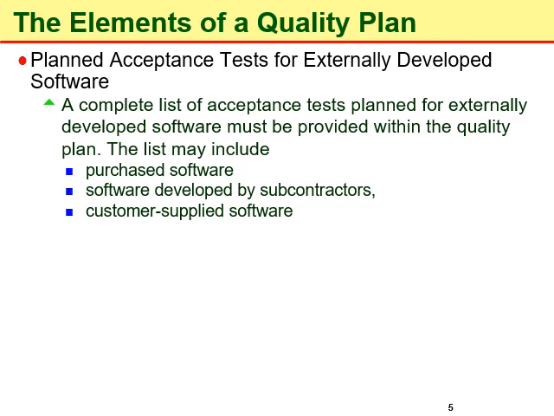So a complete list of acceptance tests planned for externally developed software must be provided within the quality plan. The list may include purchased software, software to be developed by subcontractors, and customer supplied software.